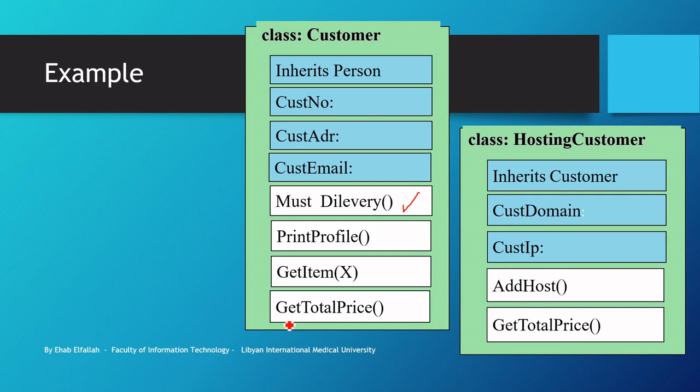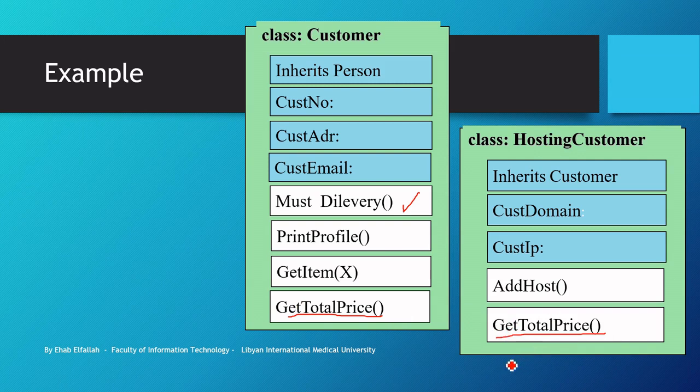Okay, we have add host and we have get total price. We can notice that we have get total price here, and here we also have get total price. So this method will be overridden. Here is the method from the parent, and this is the method from the child.